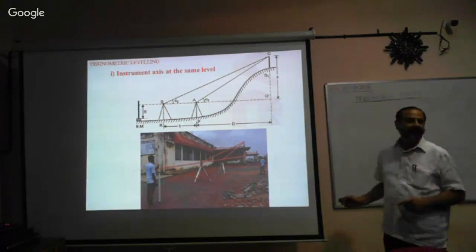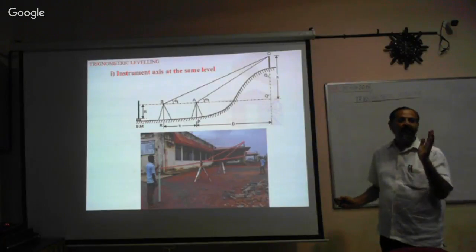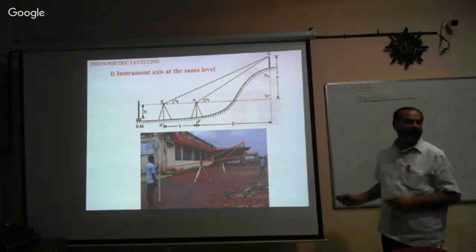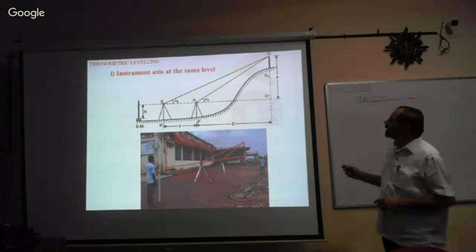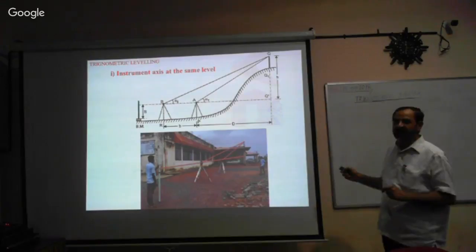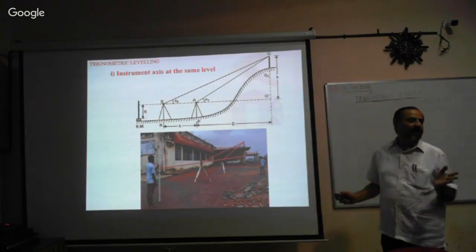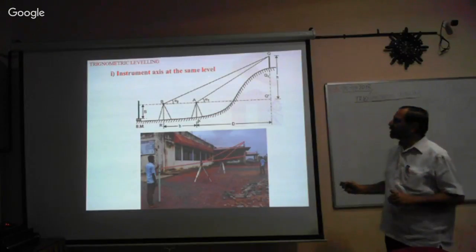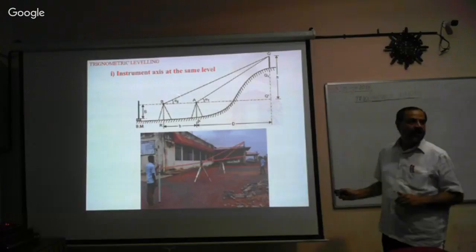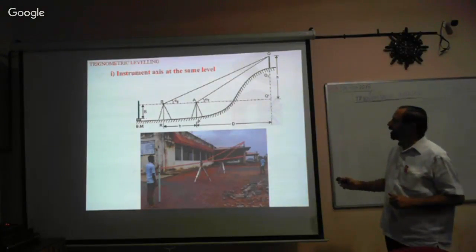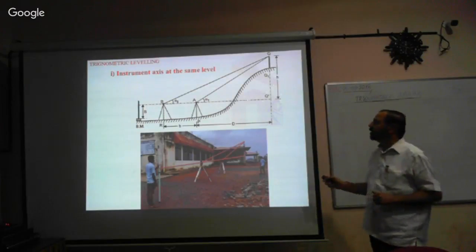D plus B. D plus B tan alpha 2. Now, therefore, H is equal to B plus D tan alpha 2. In the first case, tan alpha 1. In the second case, tan alpha 2.